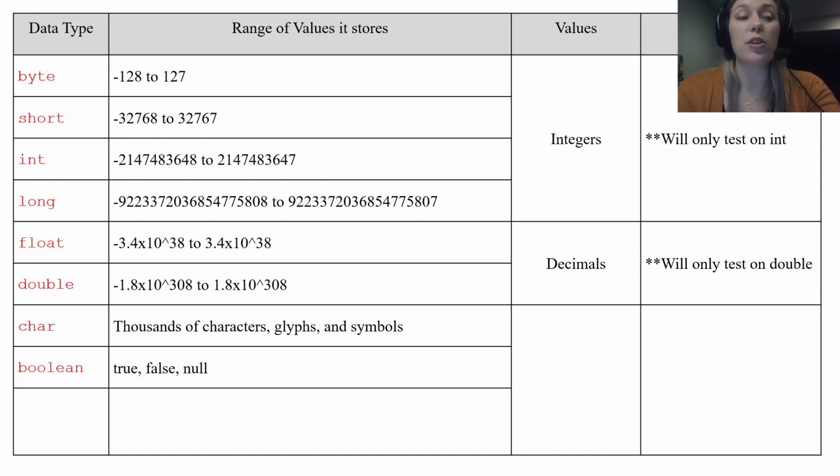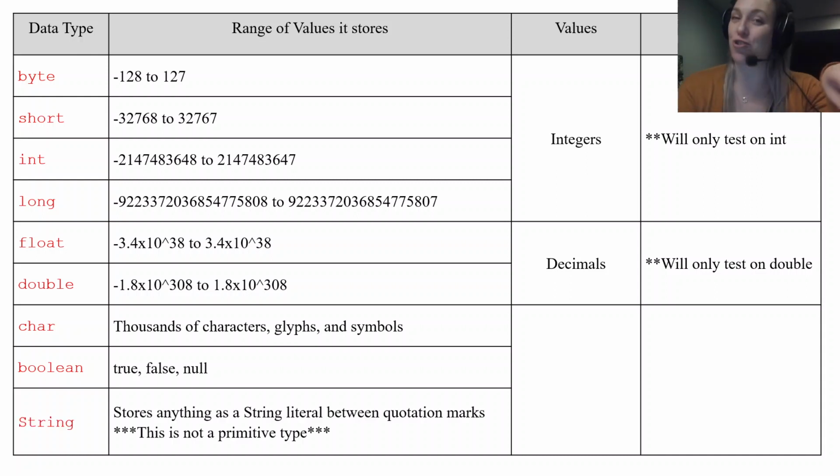So all of those on the screen, those 8, are considered primitive data types. There's one more data type that is technically not primitive, but it is built into Java that we use. And that's called a string. You've seen a string before in our first lesson with a string literal. String literals are stored as strings. It's between quotation marks, and it can store anything between those quotation marks.